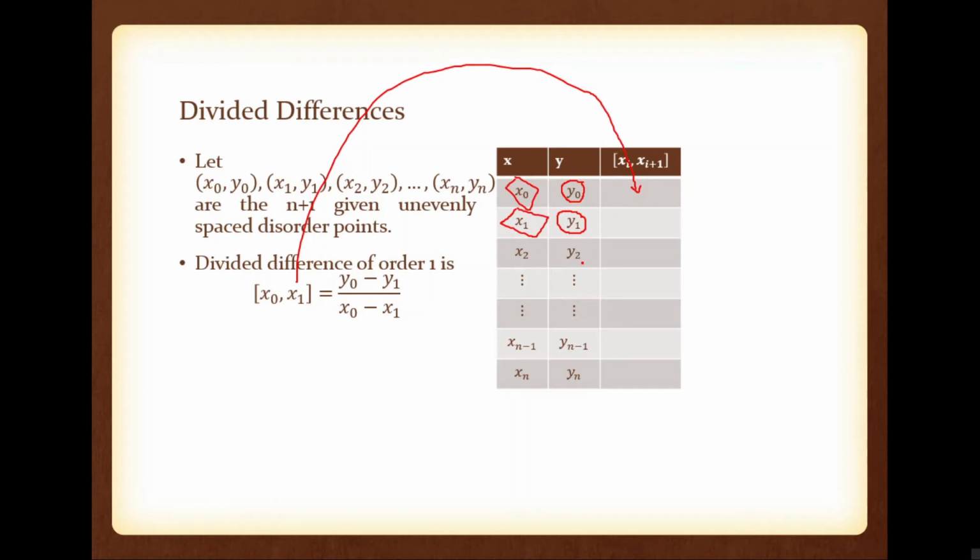Please note x0, comma x1, where x0 is the current and x1 is the next. So the divided difference of order 1, x0, comma x1, is equal to the current value y0 minus the next value y1 divided by the current independent variable x0 minus the next independent variable x1.